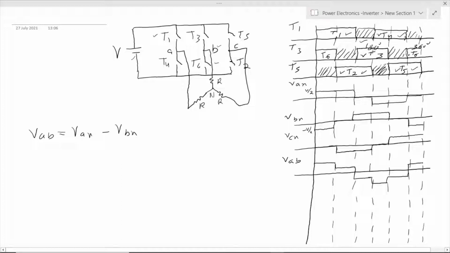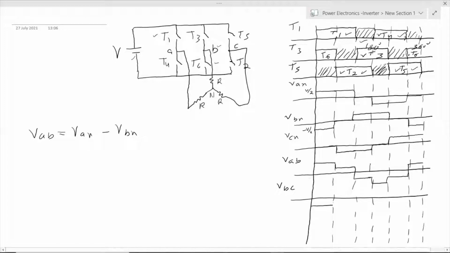Similarly, you can draw for VBC. So VBC will be minus V by 2 minus 0, that will be minus V by 2.